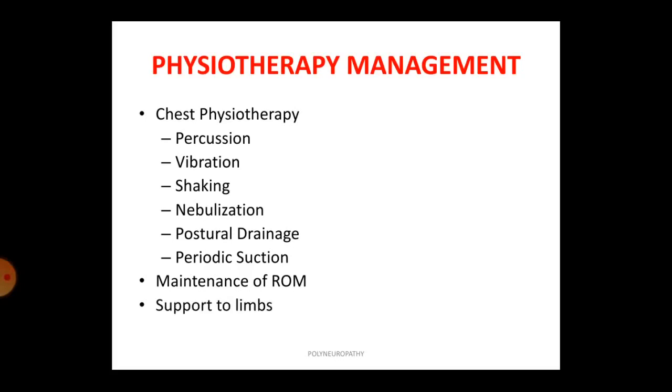Then support to the limbs. Positioning of the patient should be such that the limb is totally supported by any surface. It may be a bed, a wheelchair, or simply any sofa. You should teach the patient the supporting positions of particular limbs, because they are already weak.